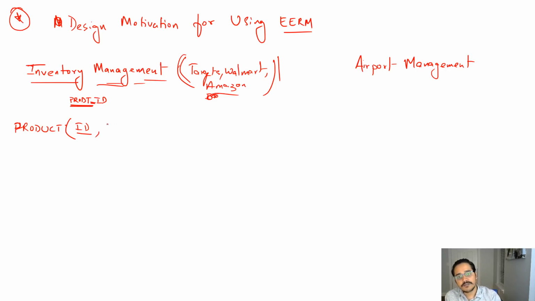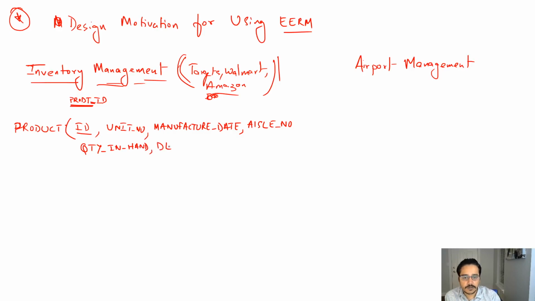So you can have ID, then unit number, then manufacturing date, then aisle number, quantity in hand, description, and what else?